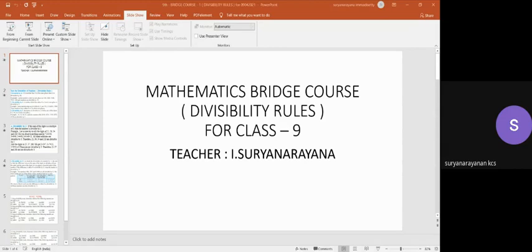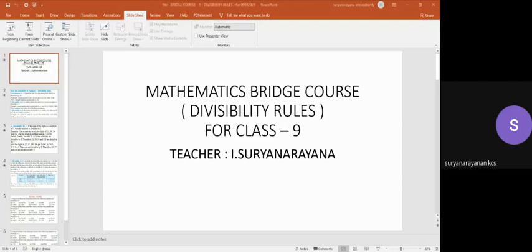Okay, my children. See the first rule, divisibility by 10. Do you remember divisibility by 10? See this rule, my dear children. If a number has 0 in the ones place, then it is divisible by 10.